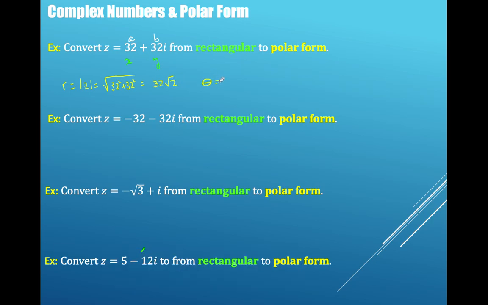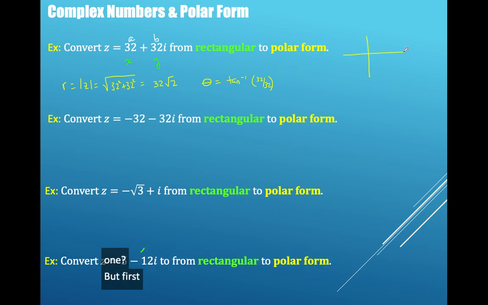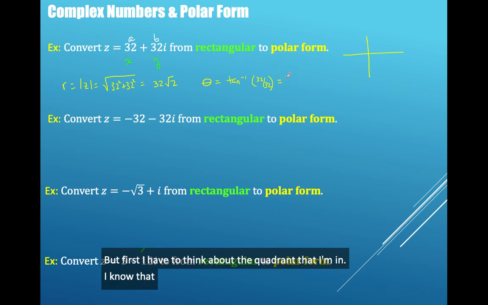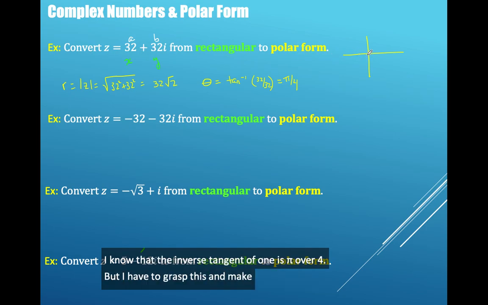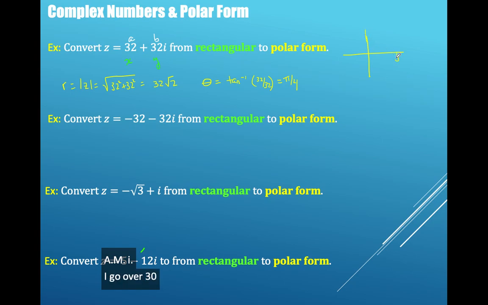And theta is the inverse tangent of 32 over 32, which conveniently is 1. But first, I have to think about the quadrant that I'm in. I know that the inverse tangent of 1 is pi over 4, but I have to graph this and make sure that I'm in quadrant 1, am I? If I go over 32 and up 32, yes.